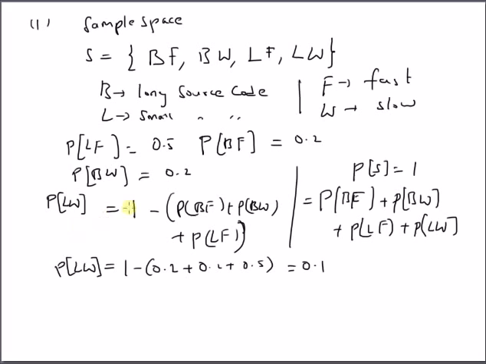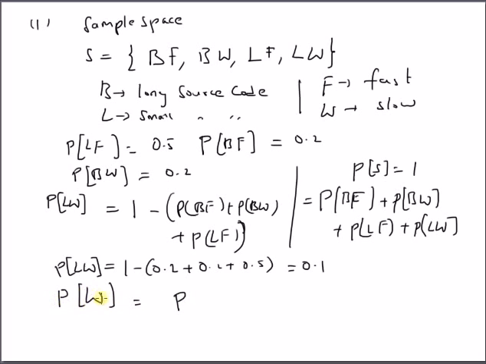Thus we can use the law of total probability, that is the probability of sample space is equal to the sum of the probabilities of individual outcomes. By using this law we can calculate the unknown probability, that probability of LW. Now let us look at another probability, that is probability of W. How do we calculate the probability of the event W?